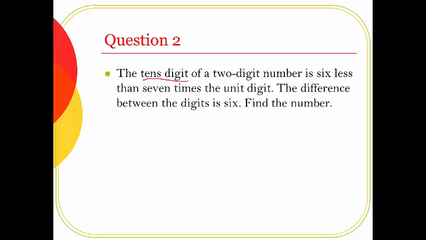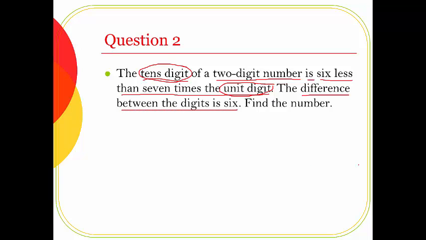This should be tens digit, and it's going to be a 2-digit number, is equal to 6 less than 7 times the unit digit. So we have the tens digit and we have the unit digit. Then the next keyword, the difference between the digits, is 6.